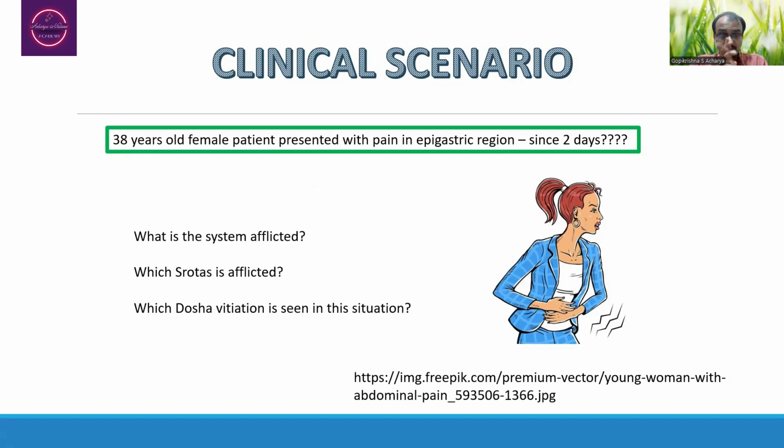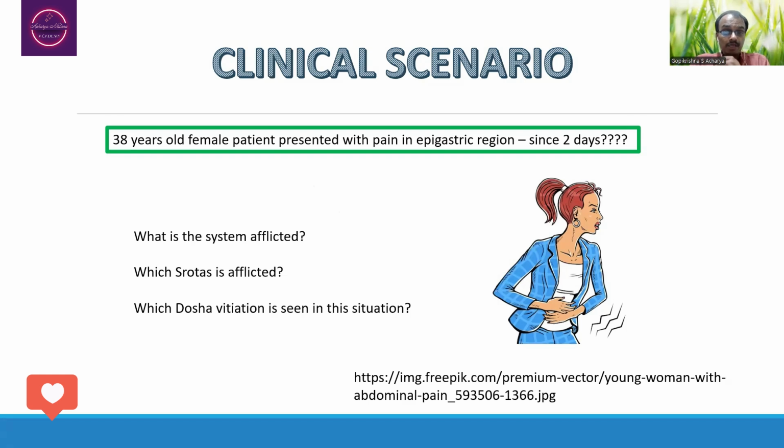And when you think about the Srotas affliction, there are three possibilities. There may be a possibility of Pranavaha Srotas affliction, Annavaha Srotas affliction, or Purishavaha Srotas affliction. So when you think about the Srotas, the whole Mahasrotas may be afflicted. Suppose the person has pain in the epigastric region associated with vomiting, then we may suspect Annavaha Srotas and Pranavaha Srotas affliction.